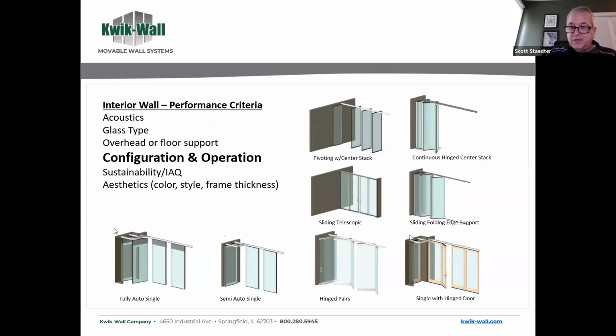You have hinged panels that are hinged pairs, center hung, that just stack in the middle. You've got single panels with hinged doors that don't have a carrier, so you can use one as an egress door, and then the panels stack away separately. You've got sliding telescopics, so you could push it one way, push it the other way, or come all the way across the room, just pulling and pulling.